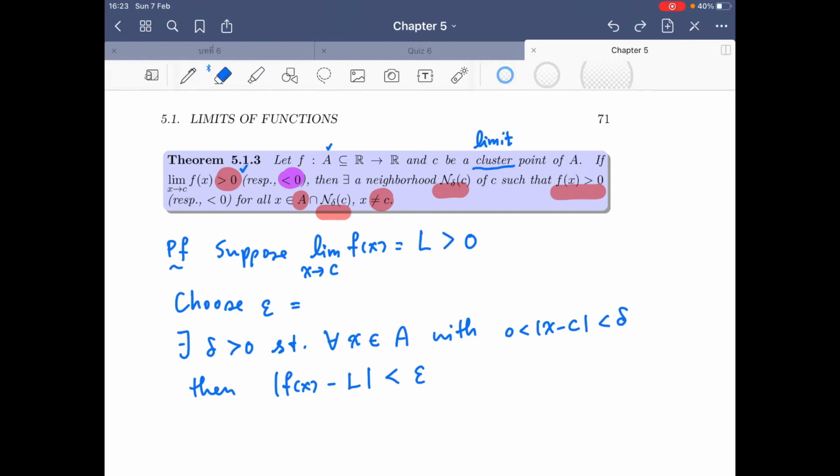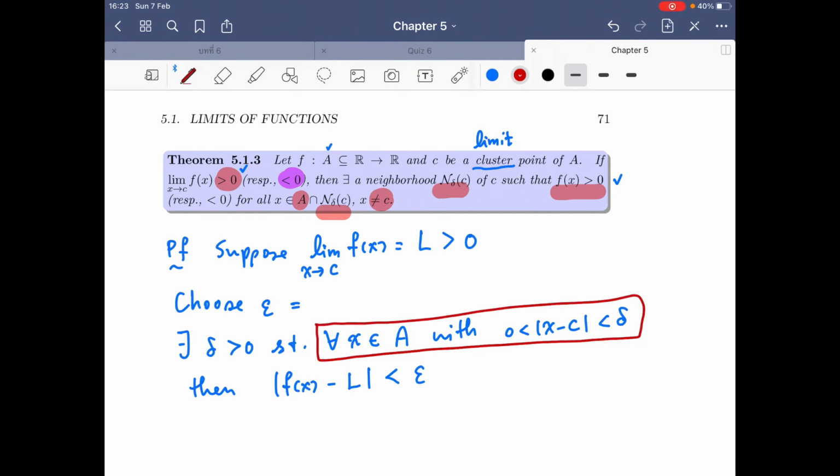However, we are going to choose the right epsilon so that our function value will be positive in the neighborhood of the point C. If you look at this statement, it already creates a neighborhood of the point C that is inside A, because if your x satisfies this condition, then x is in A, and it is inside C minus delta and C plus delta.